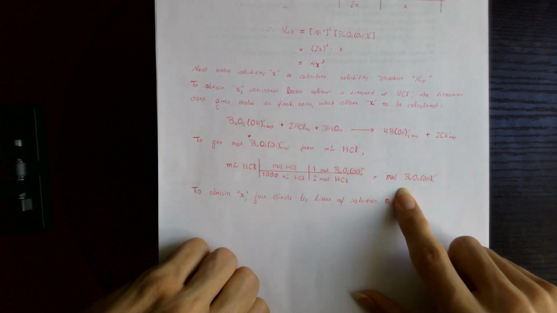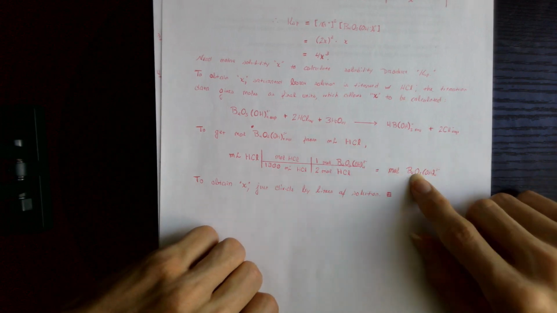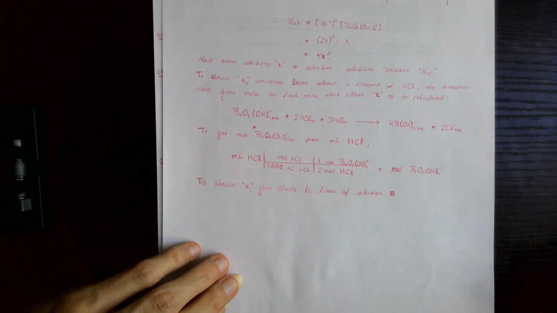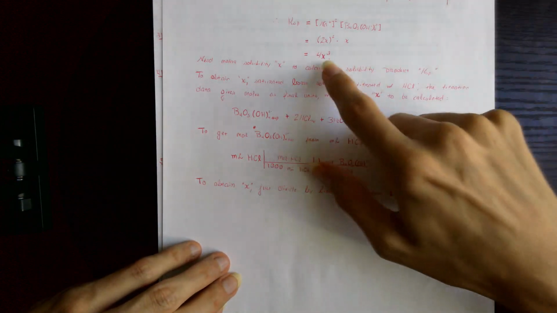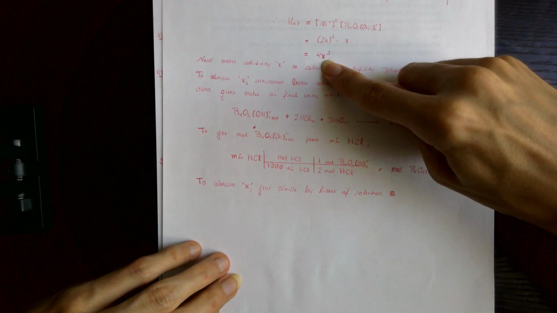Column E has the moles of triborate, so take column E and divide that by liters of solution. Make sure you take the volume and convert it to liters, because it's a 5 milliliter sample. Then you can just divide column E by that volume, and that gives you the molar solubility X, which you can report in column F.